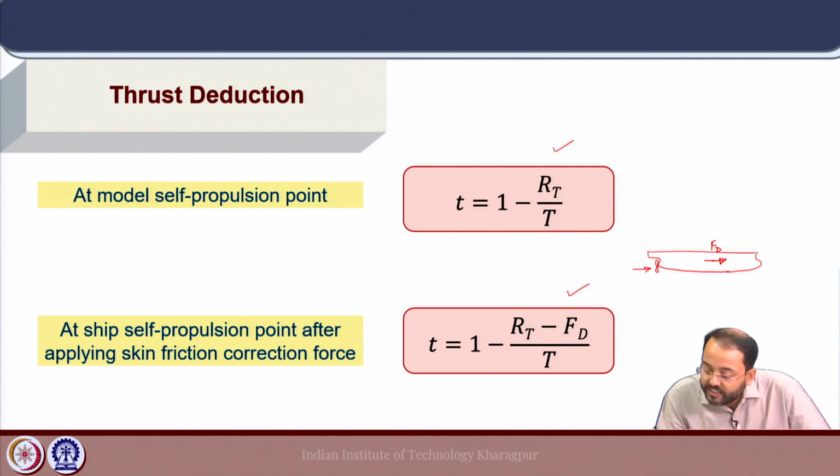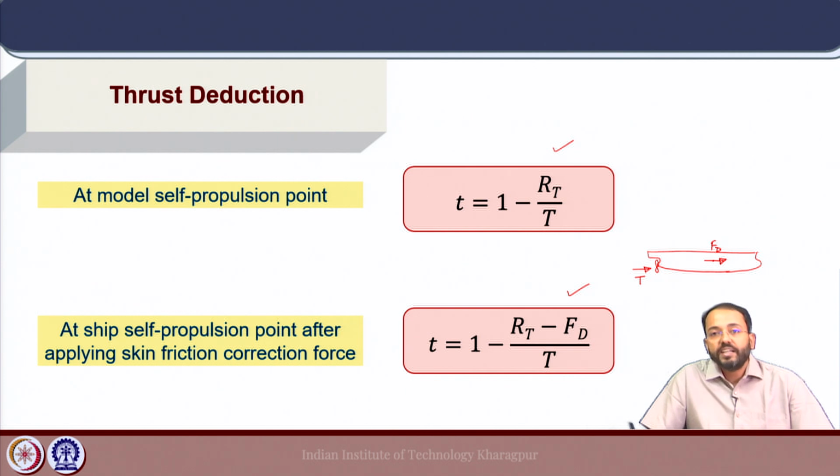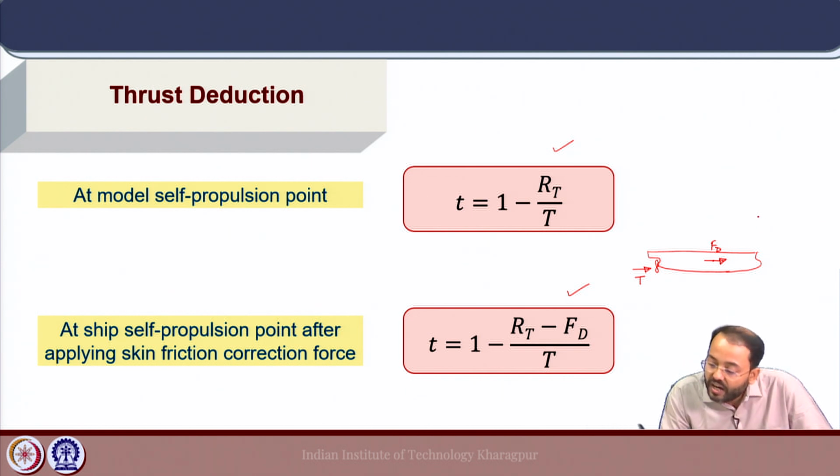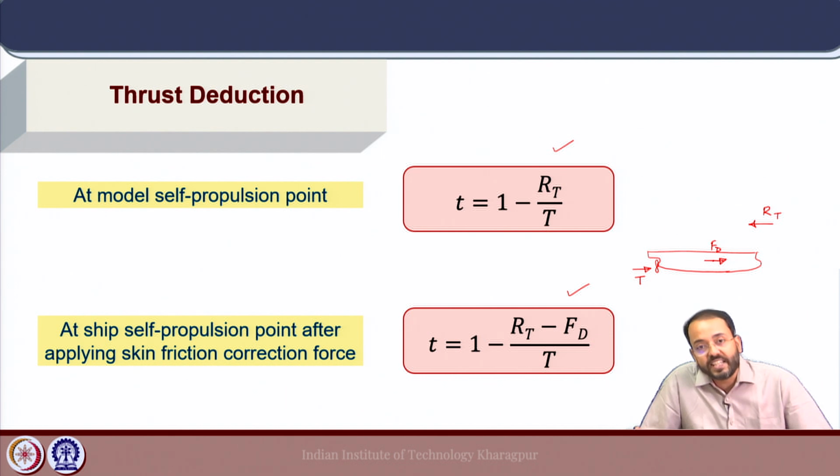The thrust provided by the propeller is T, and we know that RT is the total resistance of the model obtained from the resistance test.